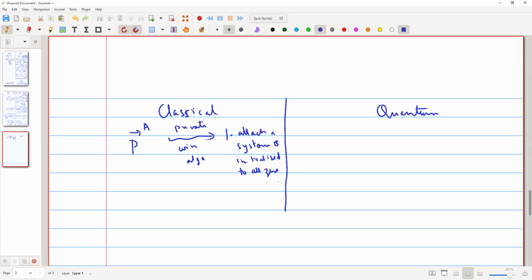This is the workspace and the coin register. So together we will call it system B.